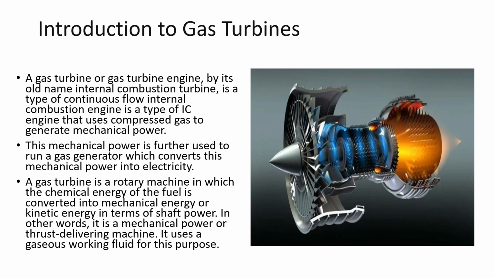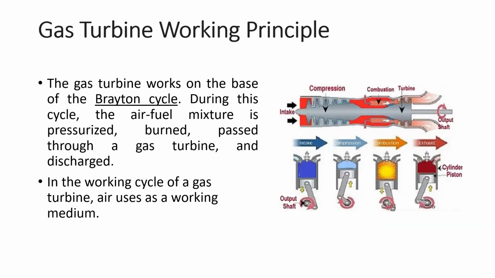In other words, it is a mechanical power or thrust-delivering machine. It uses a gaseous working fluid for this purpose. The gas turbine works on the base of the Brayton cycle. During this cycle, the air-fuel mixture is pressurized, burned, passed through a gas turbine, and discharged.